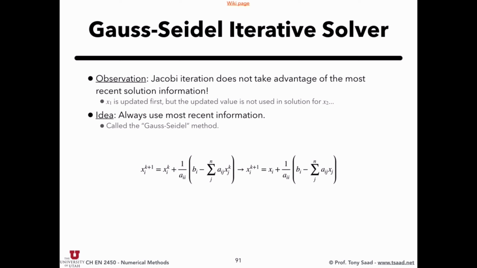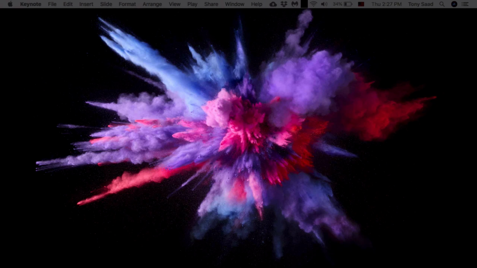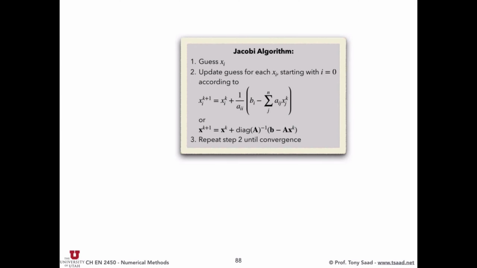Mathematically, what we did, we kept the same formula, except notice I dropped the k over here. And essentially, what that should be replaced with is most recent. So programmatically, if you go back to the Jacobi code, on the right-hand side, you don't do xguess. You just do x_i equals x_i plus whatever. Just update things in place. I'm not going to share code with you for the Gauss-Seidel because it's a straightforward update to the Jacobi solver.